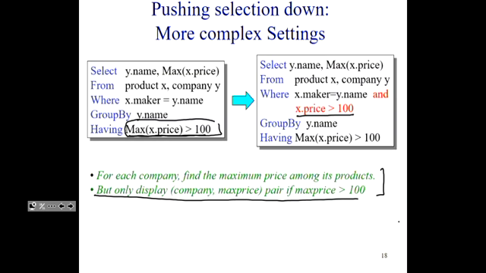It will help me remove some more tuples rather than have to group them and then apply the having clause to them. I don't need to do all that if I can go ahead and eliminate them in the where clause itself. Right? So I can take this having clause and then add an extra condition to the where clause that will allow me to reduce the size of the intermediate results. Is this clear?